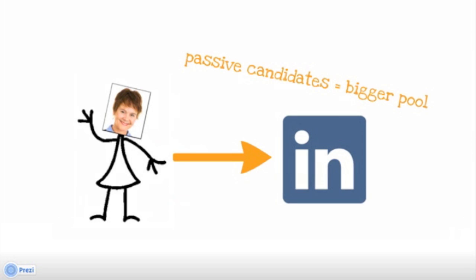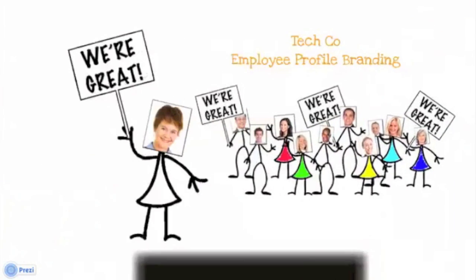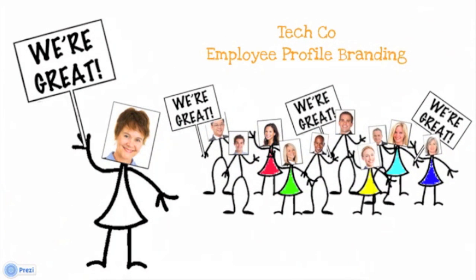Well, firstly, Mary sets up a new employer branding page as part of the TechCo presence on LinkedIn. And she's talking about how great TechCo are to work for. Secondly, Mary then brands all her employees' profiles with that same message that TechCo are a great place to work.